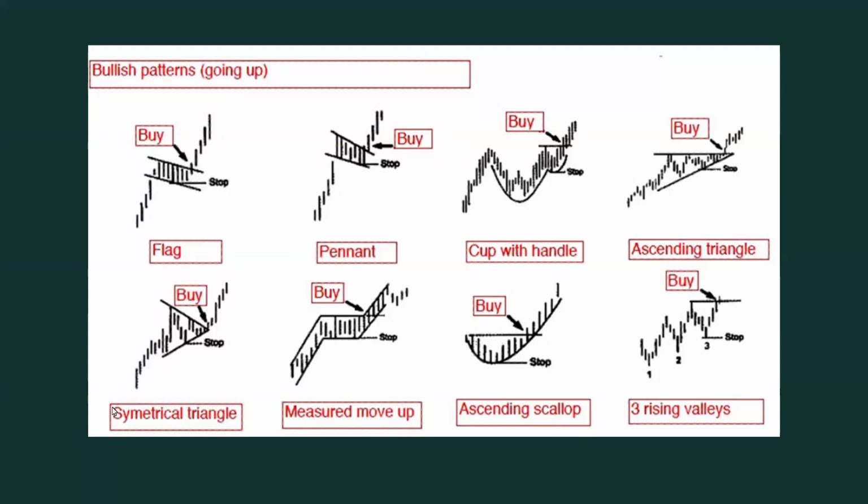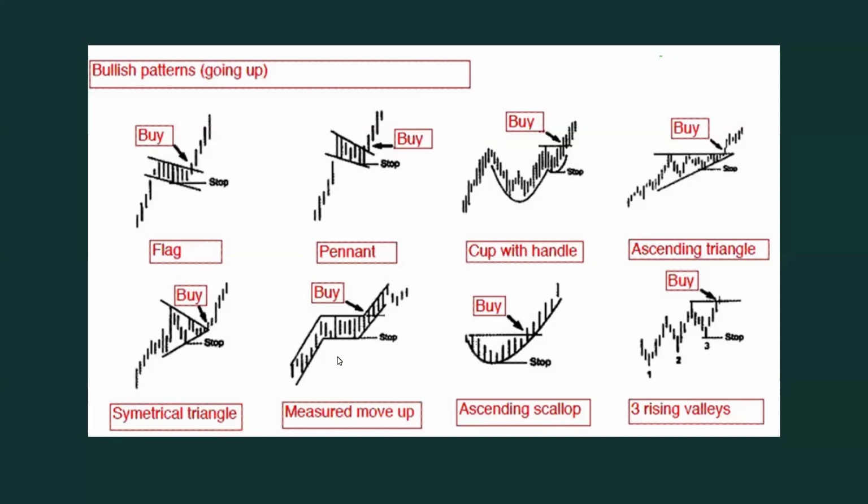There is also this symmetrical triangle, whereby you connect all the highest points of the trade and the lowest points, and when you see this pattern, you can do the purchase, expecting a breakthrough over at this point.